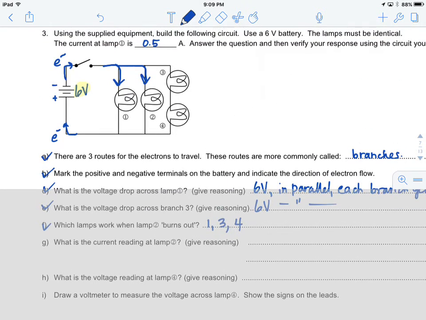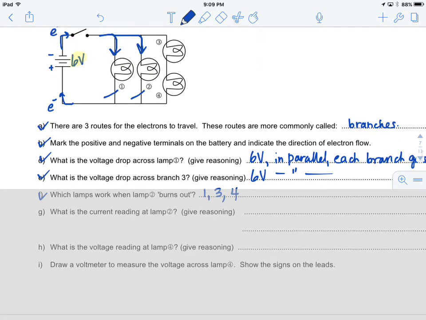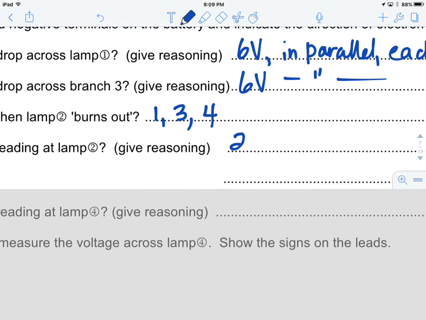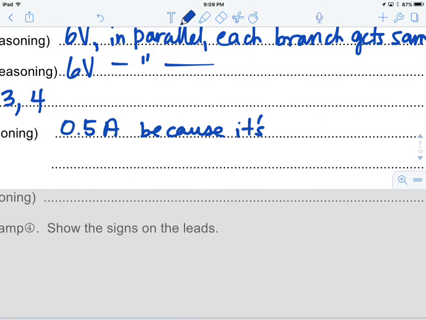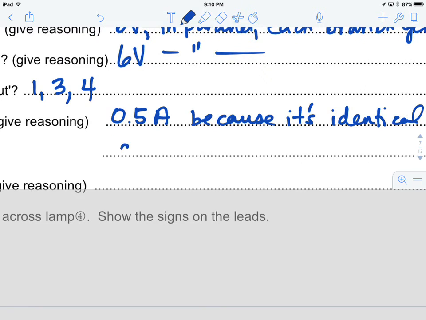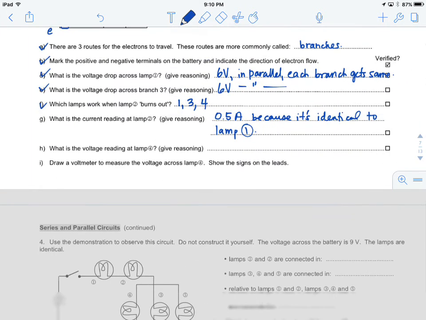So if we measured 0.5 amps through number 1, then we're going to get the exact same amount of current through lamp number 2 because it is the exact same type of light bulb. So we said 0.5 amps because it's identical to lamp 1. Which means it's got the same resistance, all the same things.